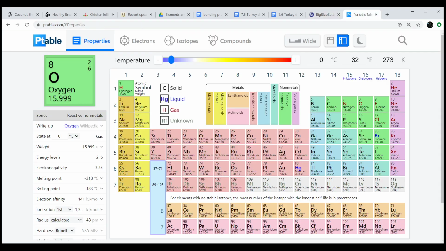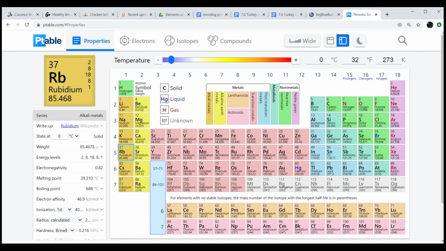We'll go ahead and do rubidium fluoride. Okay? So we're going to have to find rubidium and fluoride. We look over here, and we look, and we see, right here, it's in the first column, rubidium.